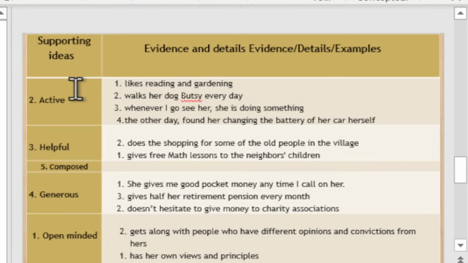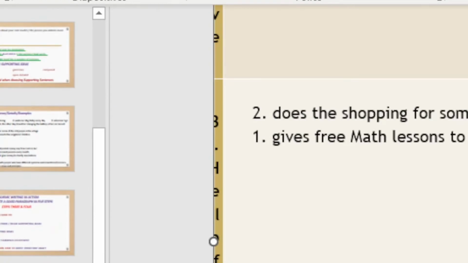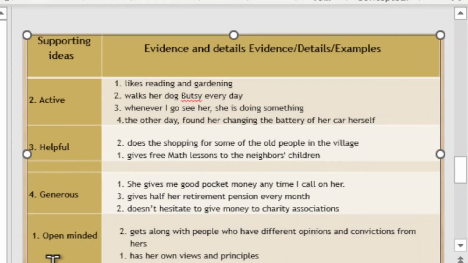So if you look here at all the supporting ideas, you will see that for argument 5, the fact that Aunt Zahra is a composed person, that she's a calm person, I haven't been able to explain that. On the grounds that I cannot develop this argument, I'm gonna discard it. So I'm left now with 4 arguments.